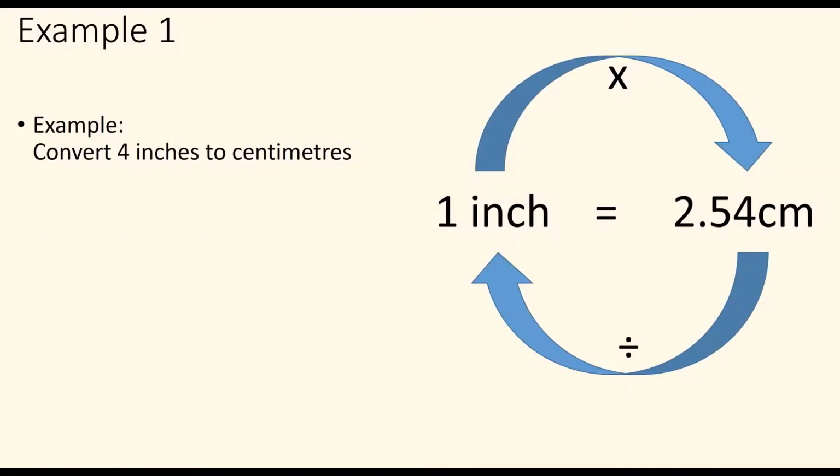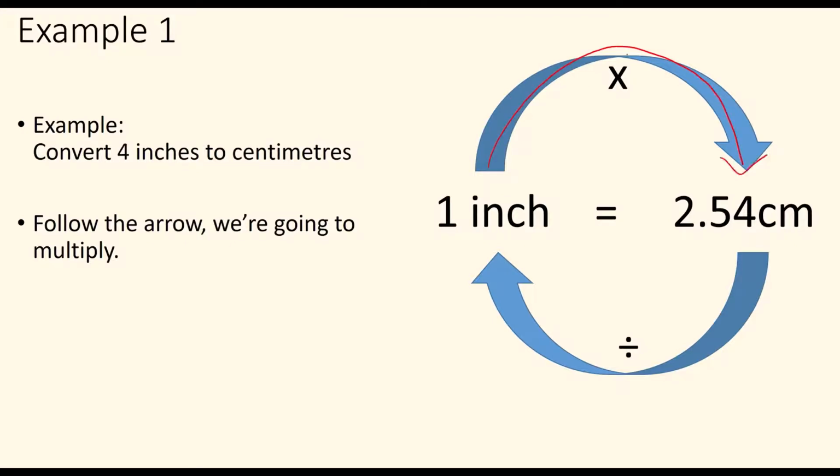Here's an example. We are going to convert the old unit of measurement length of 4 inches to centimetres. Here is the conversion circle. You have to imagine that you're given the 1 inch equals 2.54 centimetres, and you quickly just draw out the arrows and the symbols. So follow the arrow from inches to centimetres.